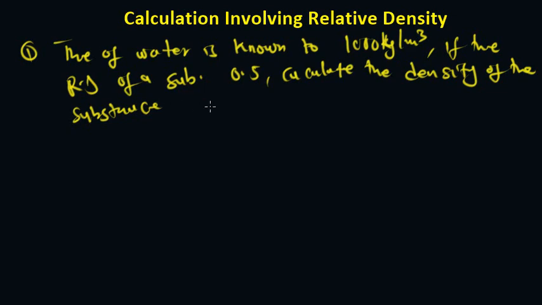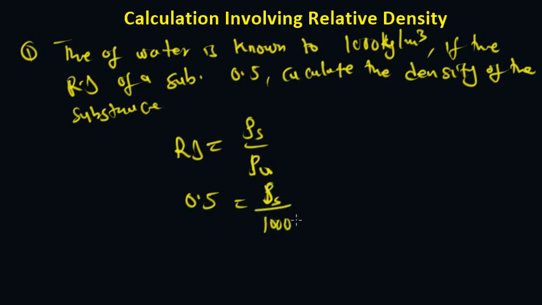Here we use RD equals density of substance over density of water. We know the relative density is 0.5. Density of water has been given as 1000. So we have density of substance over 1000 kilogram per meter cube.